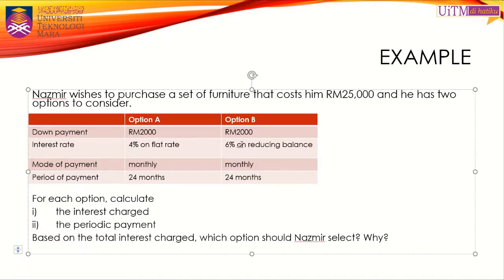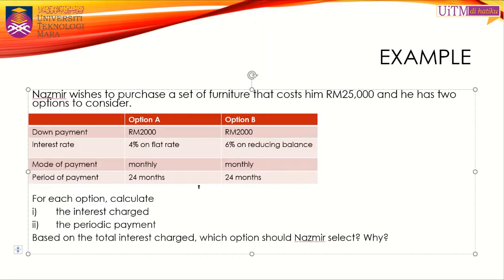So the cost is 25,000 and you pay a down payment of 2,000. That means for both option A and option B, the balance will be equal to 23,000. That is 25,000 minus 2,000.